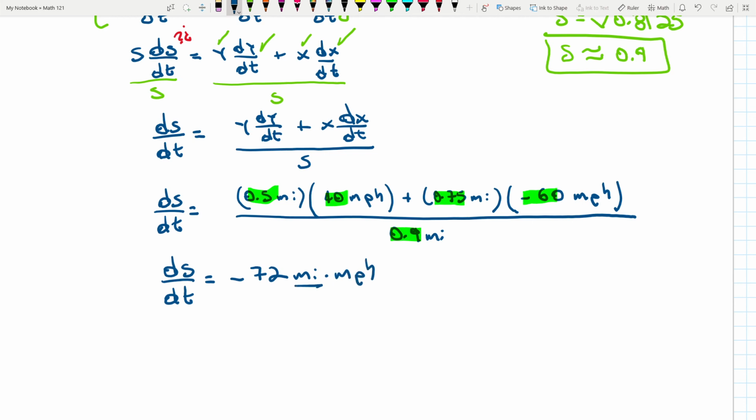And then notice we have miles in the numerator and miles in the denominator, and those miles cancel. And ultimately, it's actually negative 72.2.